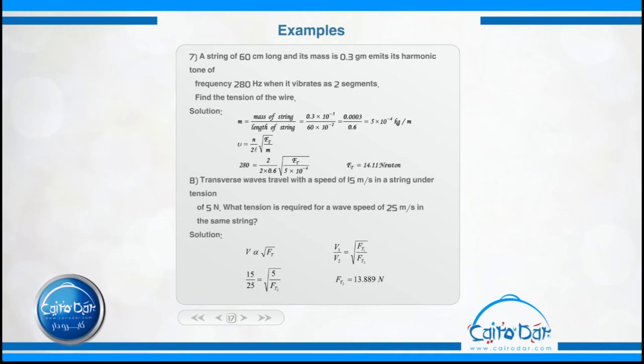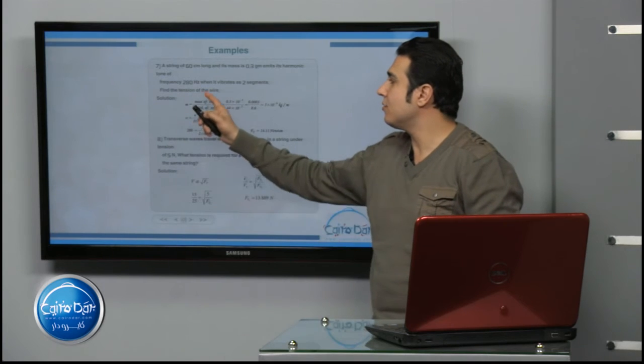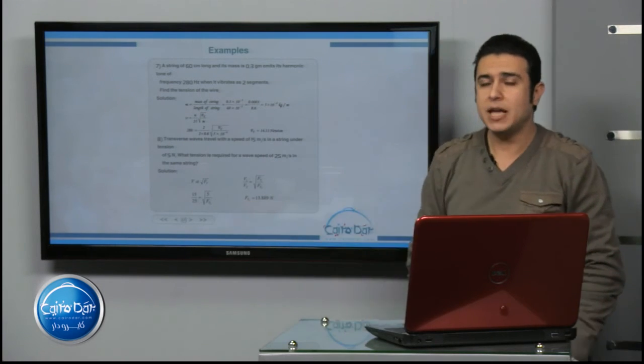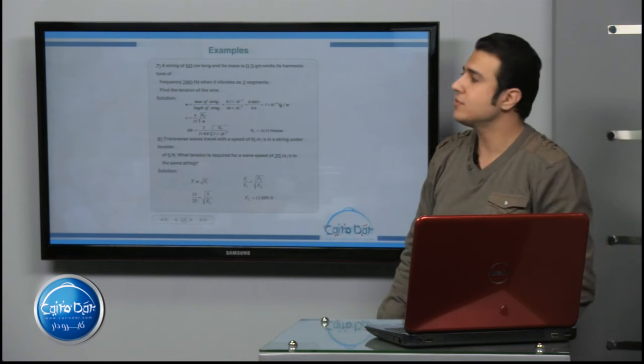After that, we have another example. Here, a string of 60 centimeter length and its mass is 0.3 gram emits its harmonic tone of frequency 280 hertz when it vibrates as 2 segments, so it is the first overtone or second harmonic tone. Find the tension of the wire. First of all, m equals mass of the string divided by length of the string.